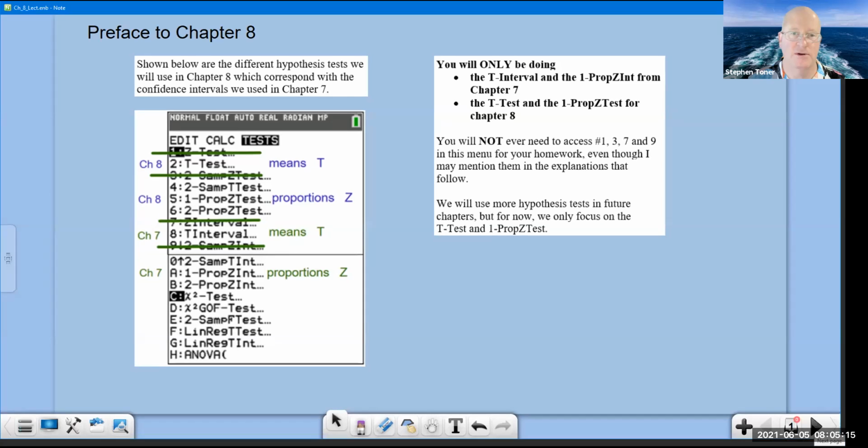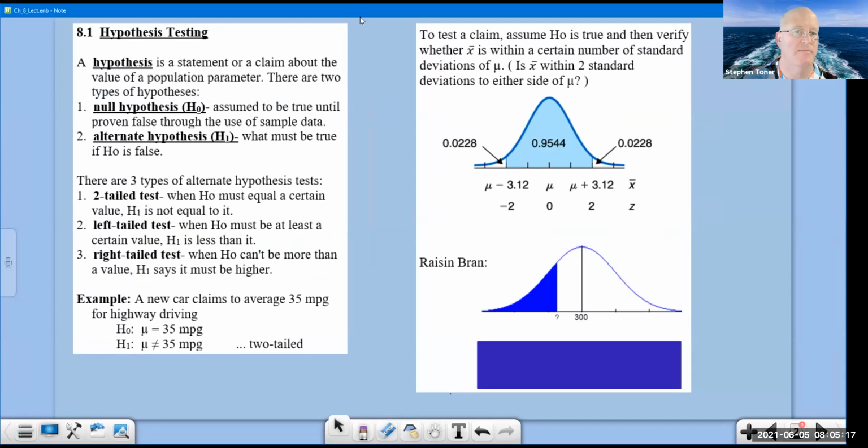Okay, let's continue straight into talking about what these hypotheses are. A hypothesis is a statement or a claim about the value of a population parameter. Now, there are two hypotheses.